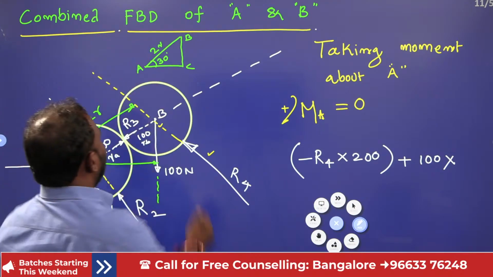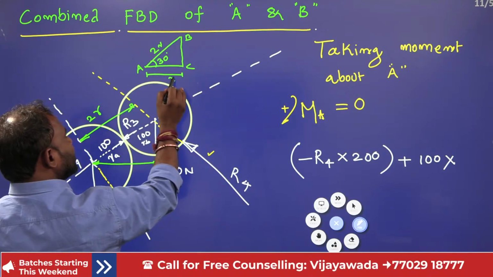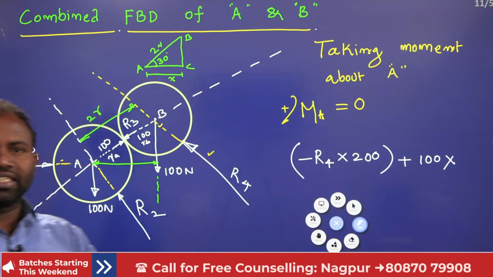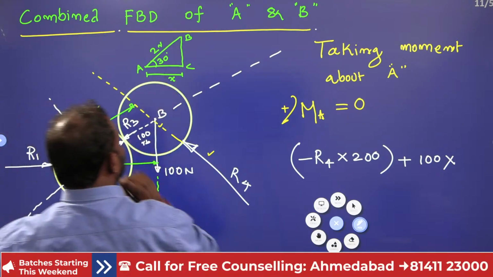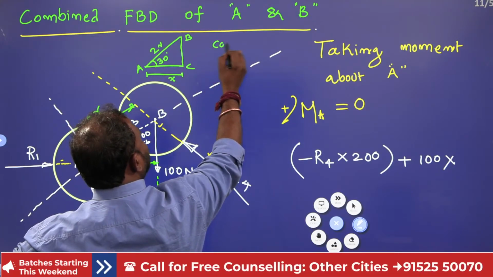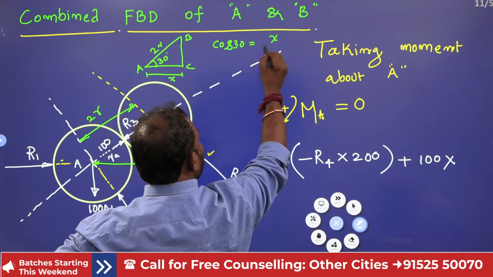Now I require this distance, say X. So can I use cos 30 here? Cos 30 equal to X by 2R.